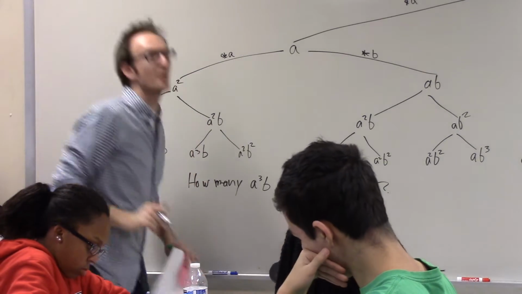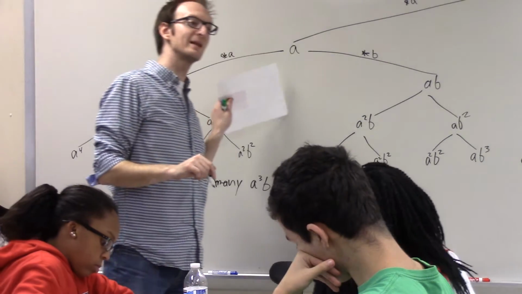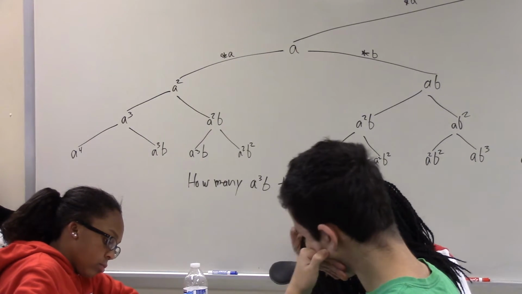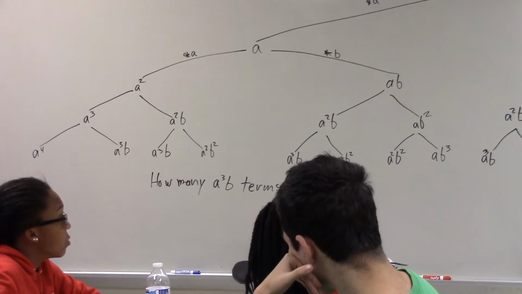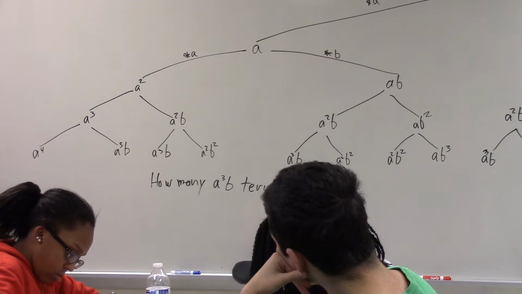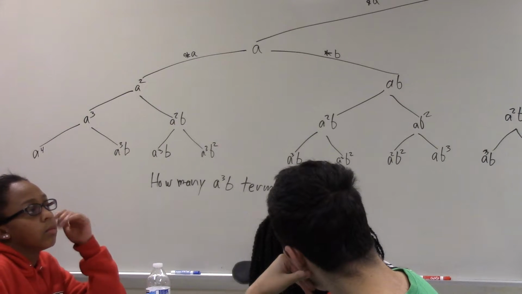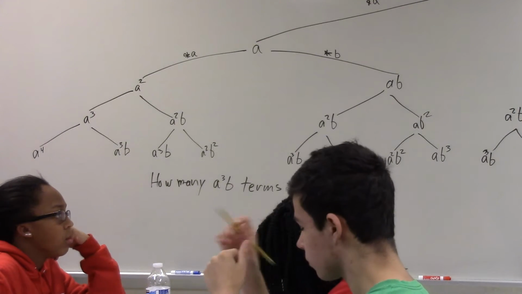Notice that when you don't combine like terms, the question of what is the coefficient becomes simply the question of how many terms are there. Suddenly, I find myself in a counting problem.